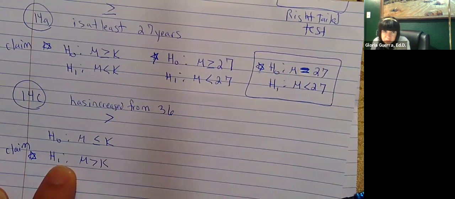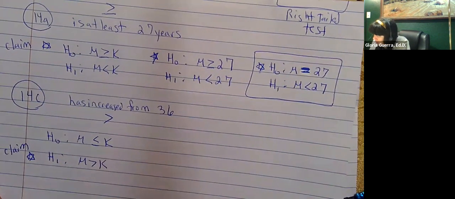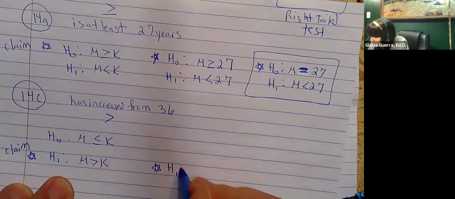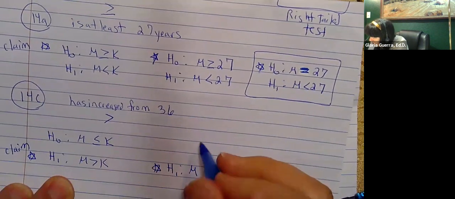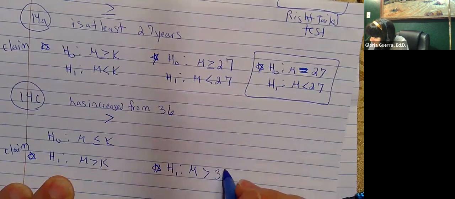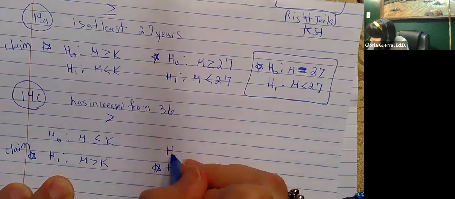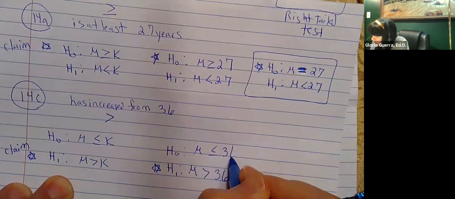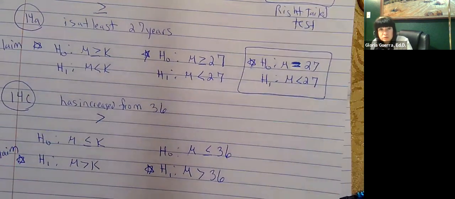They've changed that to H sub 1 also. So now we say H sub 1 mean greater than 36, and H sub 0 mean less than or equal to 36.